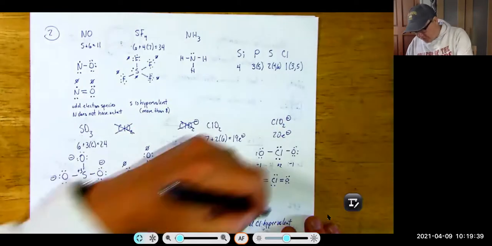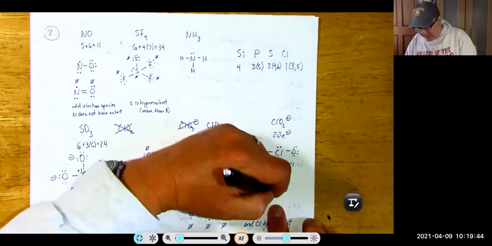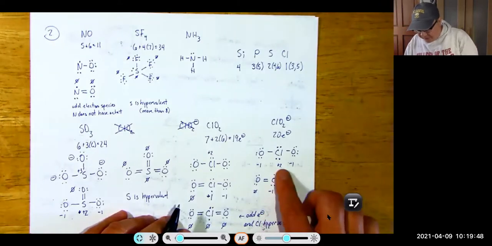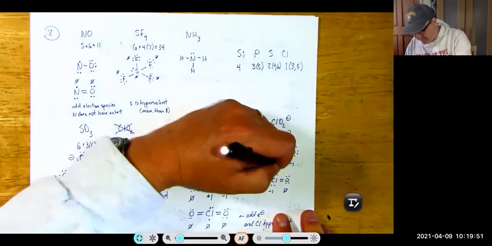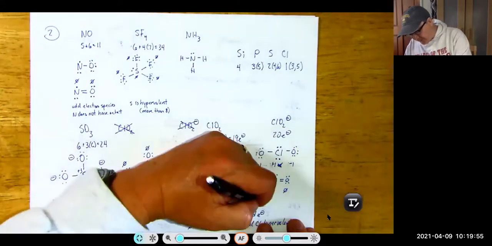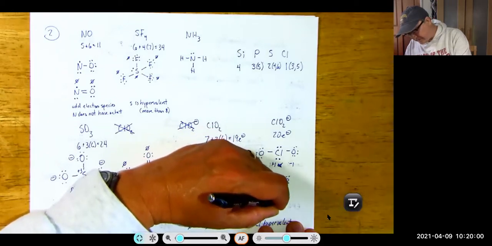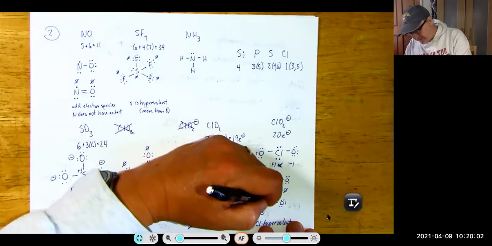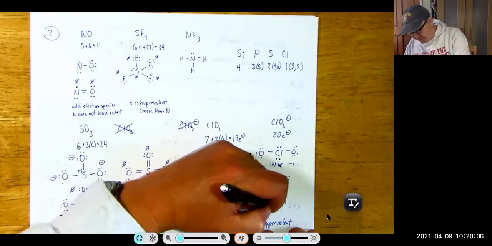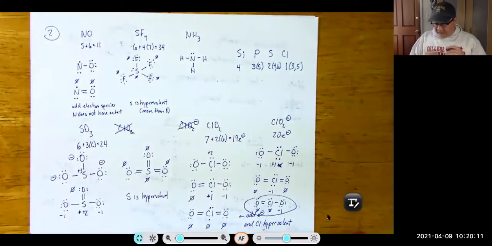Because all the formal charges are 0, and this one's a -1. Actually, I take that back. This is not a +2, it's a +1. So this one looks pretty good, but this one is better. So in this one, the formal charges are 0, 0, and -1. And this one is better. So why is this one better?